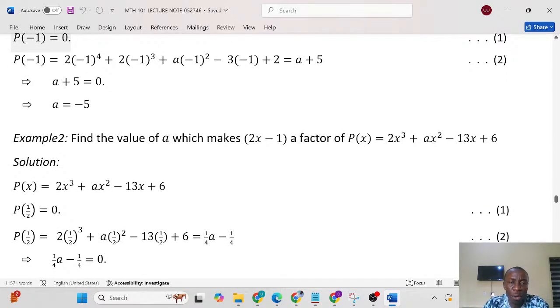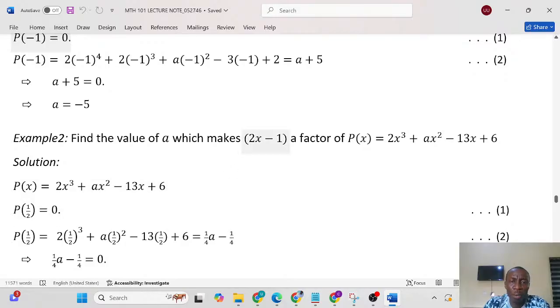Now we'll find the value of a which makes 2x minus 1 a factor of p of x equals 2x^3 plus ax^2 minus 13x plus 6.